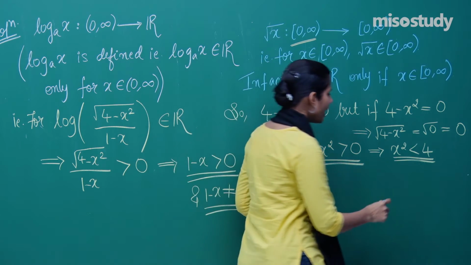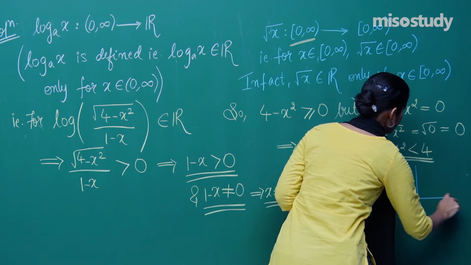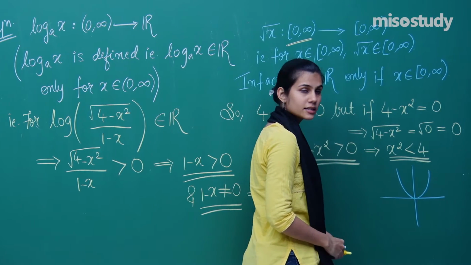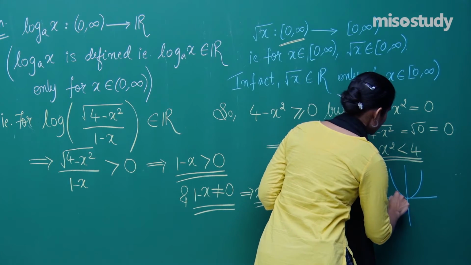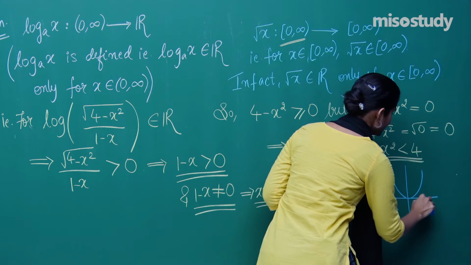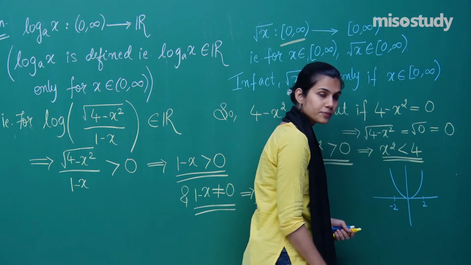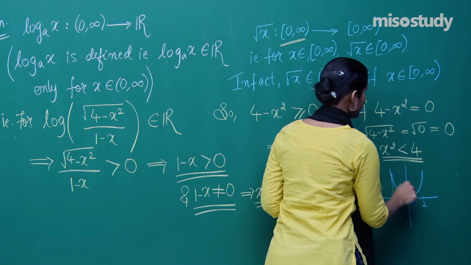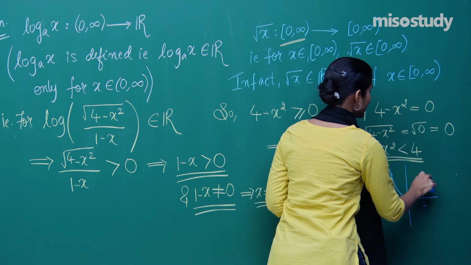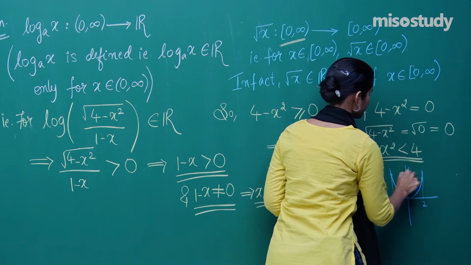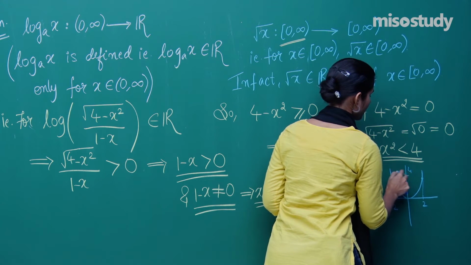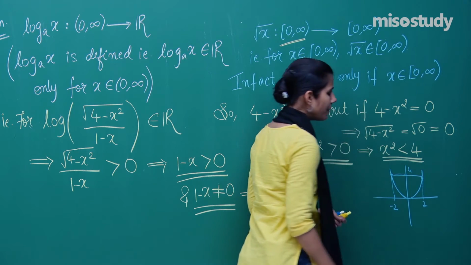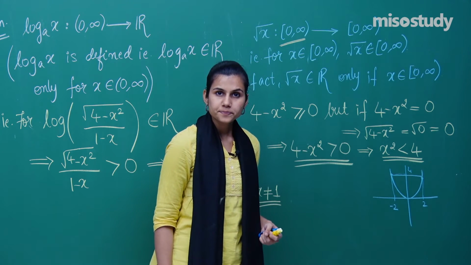If you remember the graph of x squared, this is what it was. It basically said, if this is my minus 2 and this is my 2, then corresponding to minus 2 I obtained a 4, and corresponding to 2 again I obtained a 4. That is the behavior possessed by the square function.